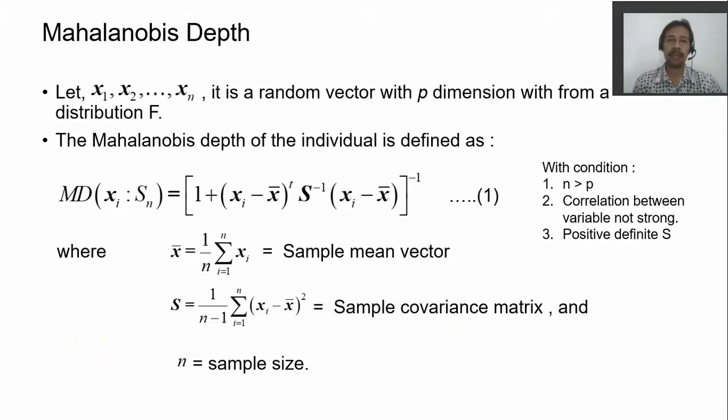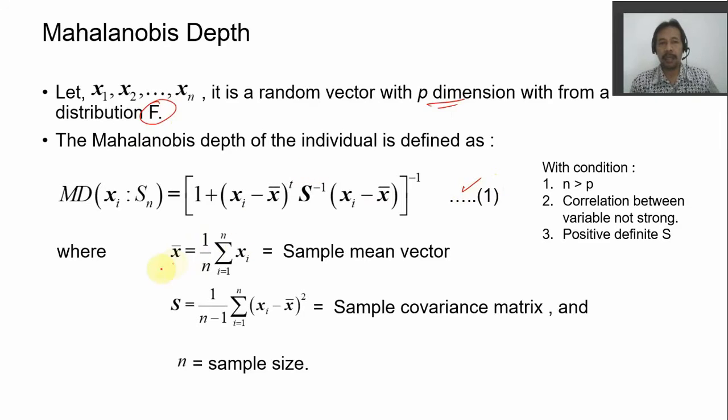What is the Mahalanobis depth? Let we have a sample of size n, x1, x2, up to xn, which is p-dimensional with distribution F. Then the Mahalanobis distance is expressed by equation number 1 here.